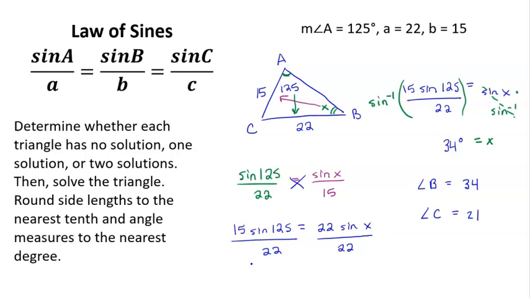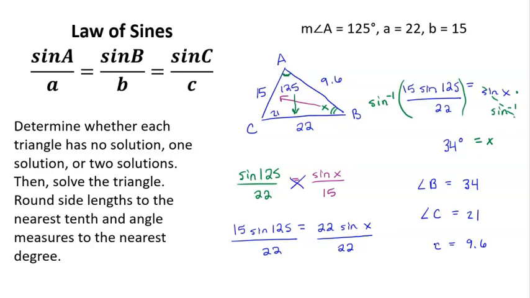I'm not going to show you that because it's that same process of building out our proportions and solving. And so for C we get 9.6. So this is 21, and then this would become 9.6. And so our calculator was able to show us our answer. If we had no solution, our calculator would say error.